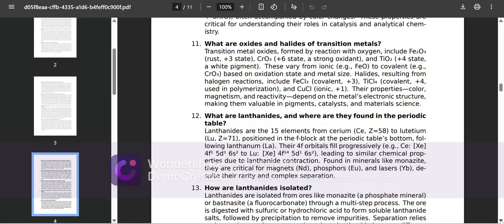What are oxides and halides of transition metals?